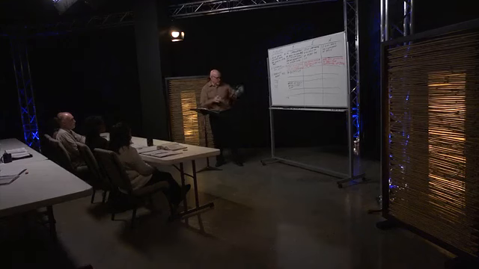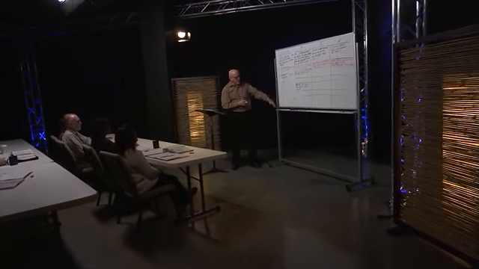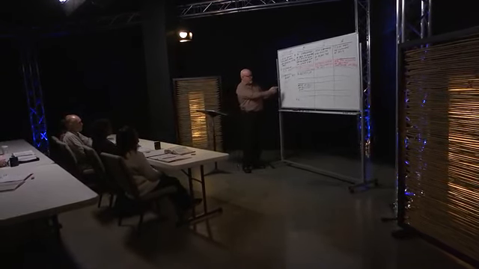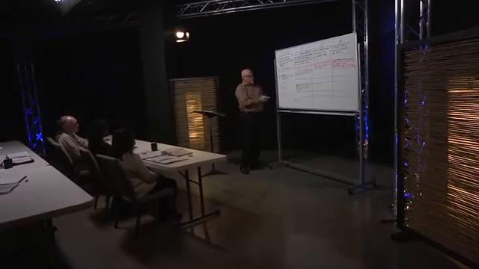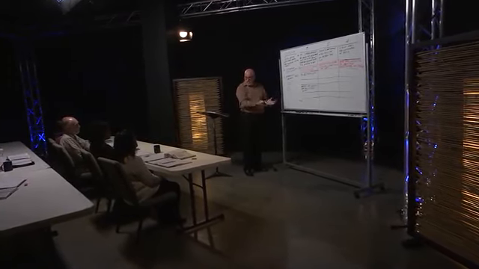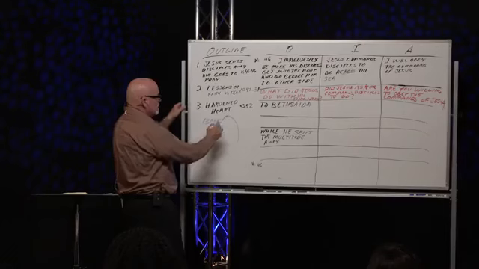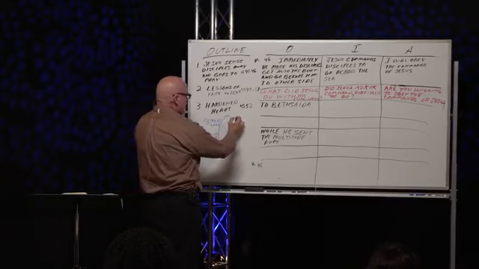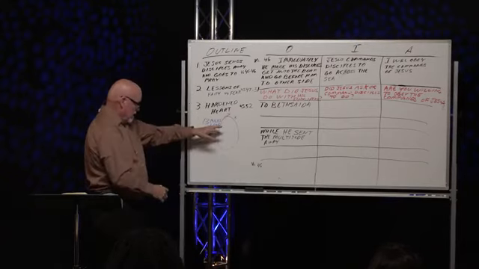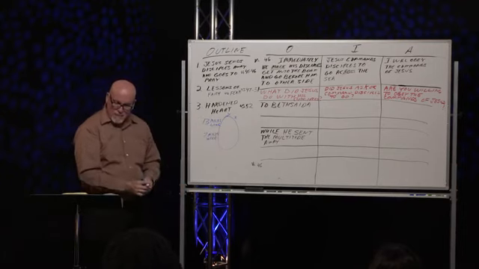The Sea of Galilee is approximately 13 miles long, and at the widest point it's about 7 miles wide. So it's not a huge body of water, but it's not too little either. Bethsaida is right up in this area up here. Capernaum's over here.